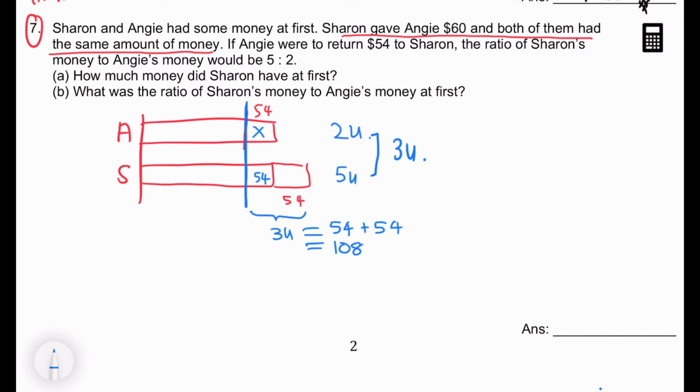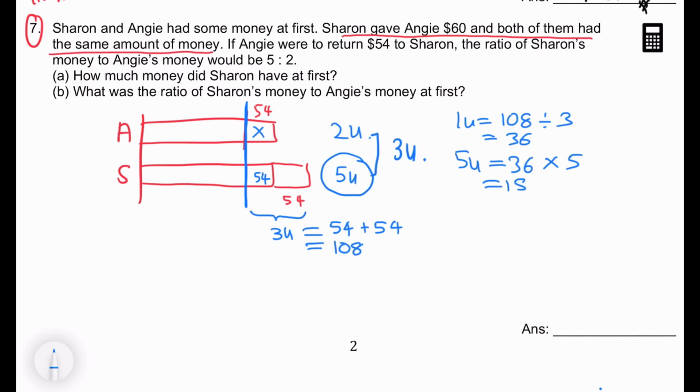Alright, so let us find out how much money did Sharon have at first. Sharon would be this person with 5 units. Okay, so 1 unit is equal to 108 divided by 3, giving me 36. And Sharon had 5 units, so 36 times 5, I will have 180.